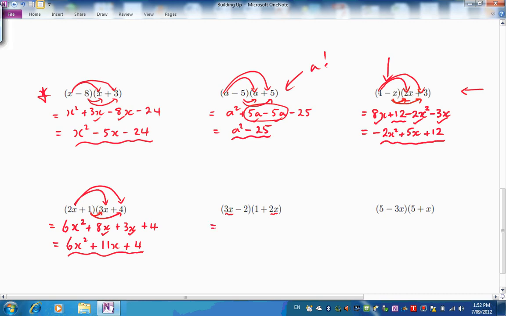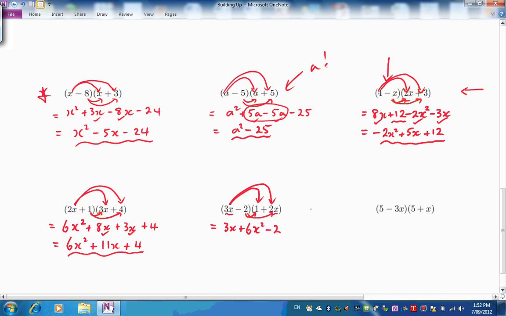Okay, let's have a look at this one. 3x times 1. So this second bracket's been written in a different order. 3x times 1 is 3x. Then 3x times 2x. 3 times 2 is 6. And x times x, or a number times itself, is the square. Neg 2 times 1 is neg 2.